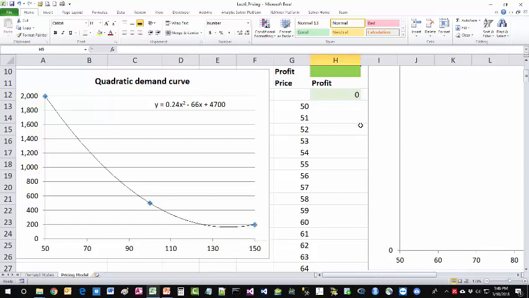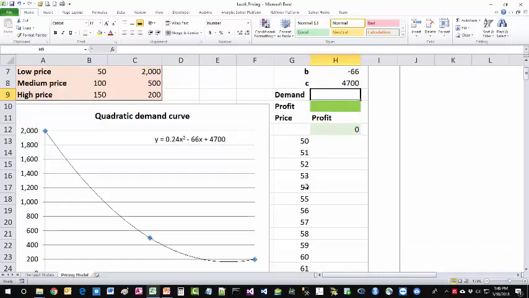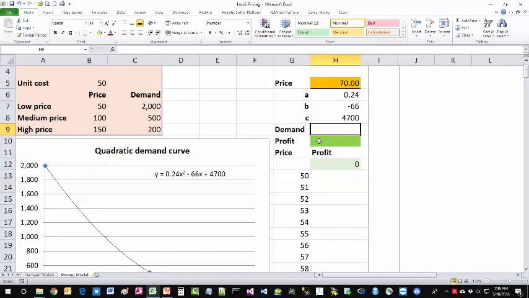But it will have repercussions in the profit curve, as I'll demonstrate shortly.